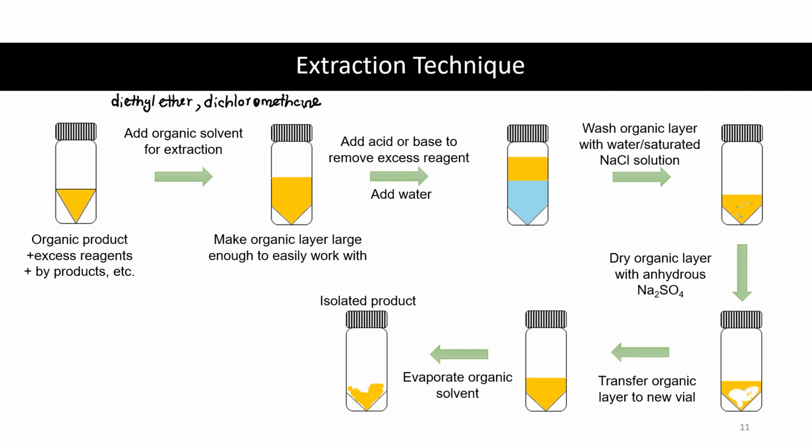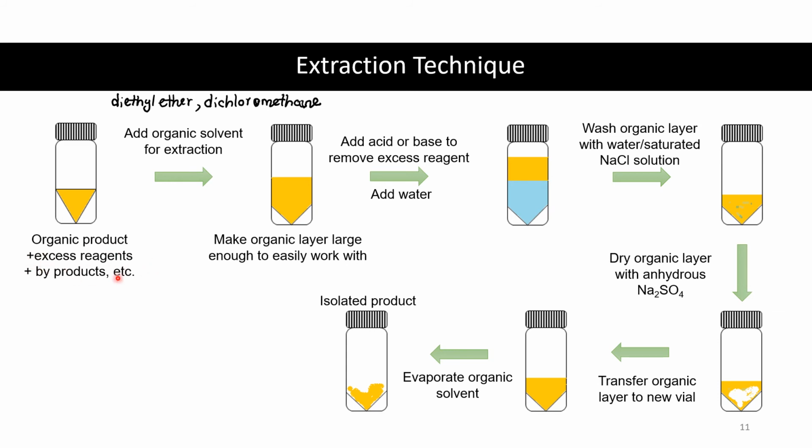I think those two are the two main organic solvents we used for extraction in our class. And the most important reason about them is that they have a very low boiling point, so at the end we can apply gentle heating to get rid of those solvents and isolate our product.